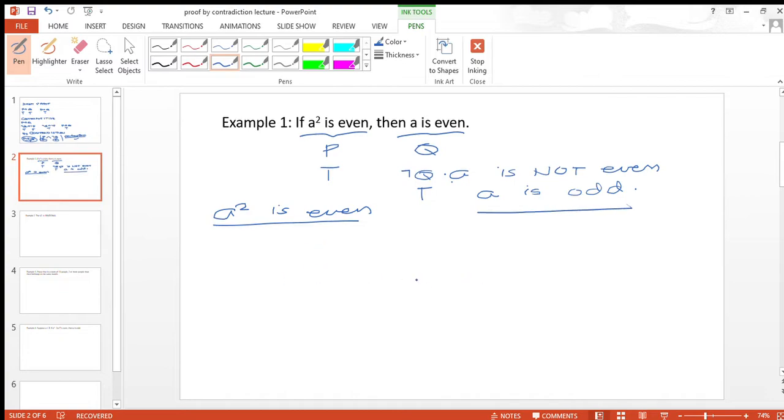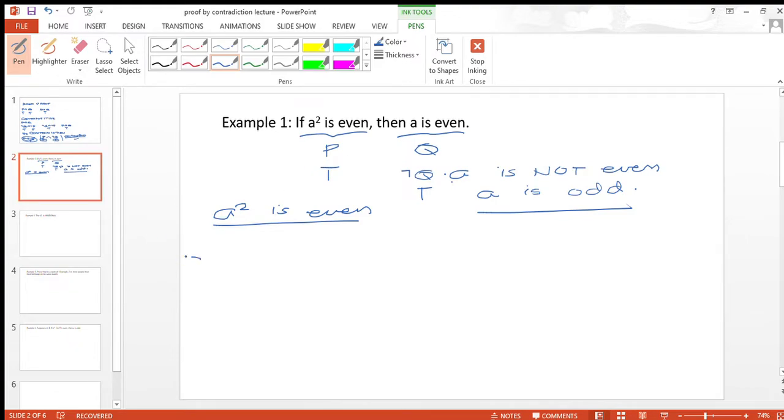Okay, so where do we begin with our proof? So let's now start with the proof. And we can use the fact that A is odd. Let's use the line A is odd.